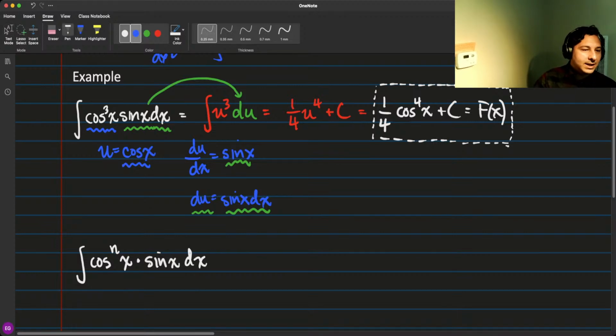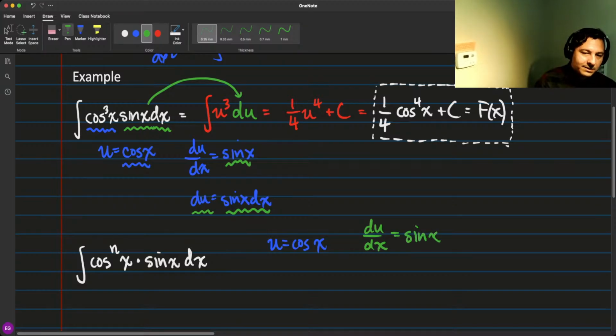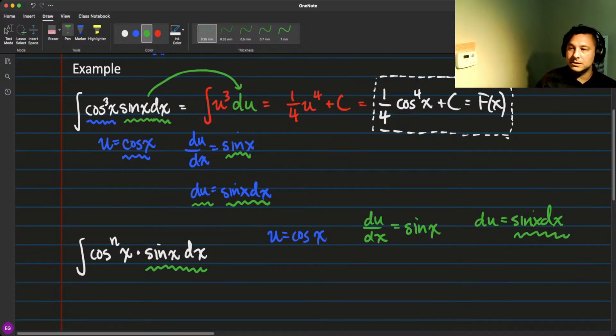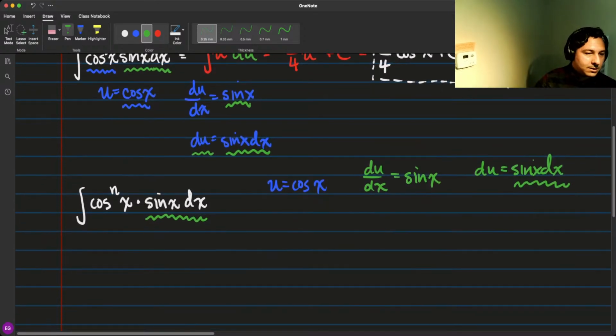No matter what, you can set your u equal to cosine, which means my du dx will be equal to sine, which means my differential du will be equal to sine x dx. Then my sine x dx right here, I'll be able to replace with du.